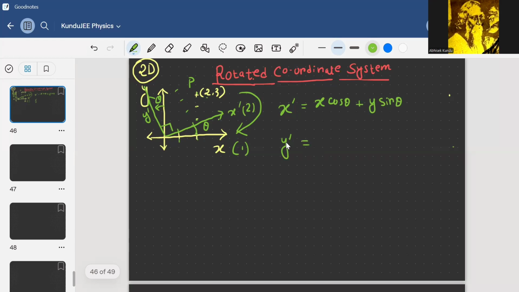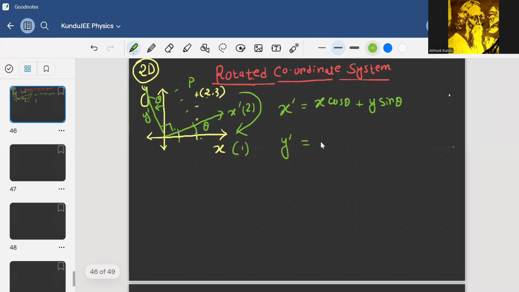At the same time, y dash axis is also having some projection from x, as well as some projection from y, because it is inclined to the x and y. It's no longer 90 degree. See, the angle between x axis and y dash axis is 90 degree plus theta.